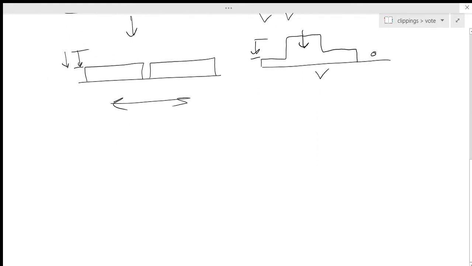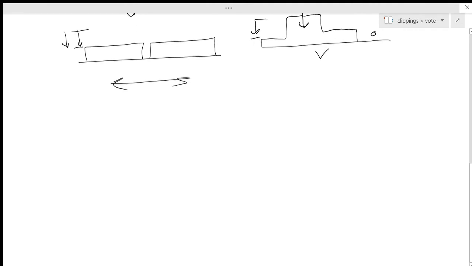So now I think I'd like to describe the actual algorithm rather than just describing what it should do.